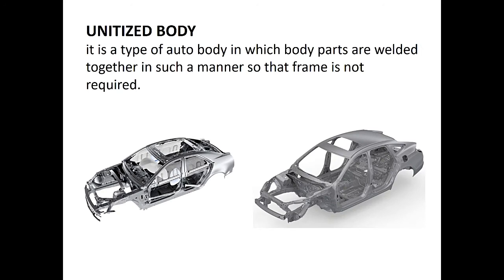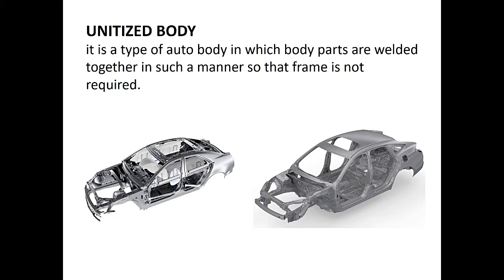And the second type is unitized body construction. Unitized body construction is a type of autobody in which body parts are welded together in such a manner that a frame is not required.